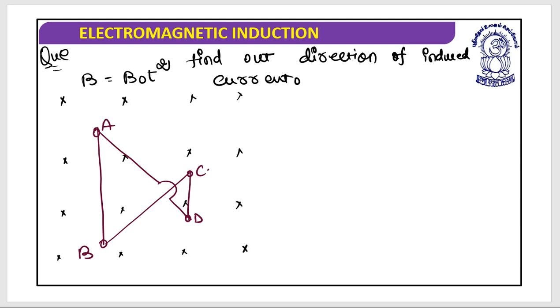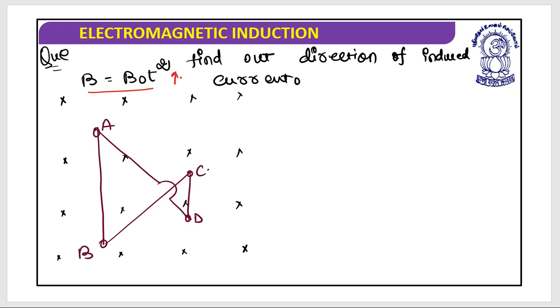How will you do this? According to the question, first, the magnetic field is changing. B is equal to B naught t squared, and it is increasing.